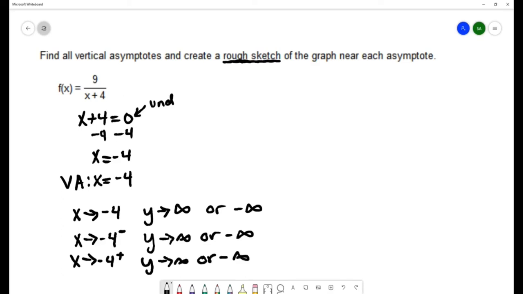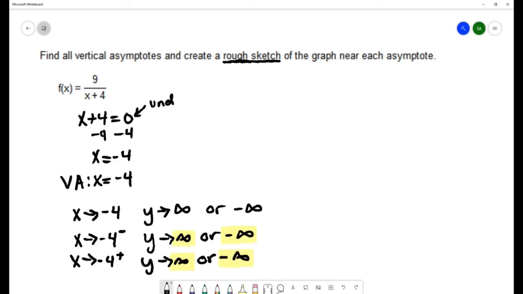So if we want to draw a sketch of the graph, we need to narrow down what's happening when your x is below negative 4 and when your x is above negative 4. So we need to narrow down what is happening with y. Is it approaching infinity or negative infinity on either side?